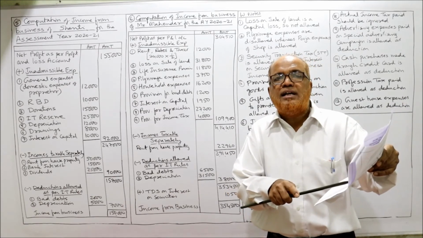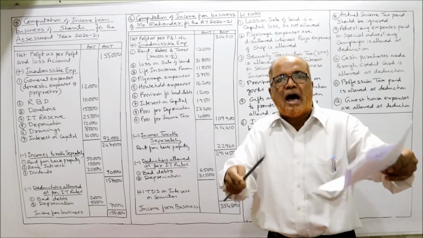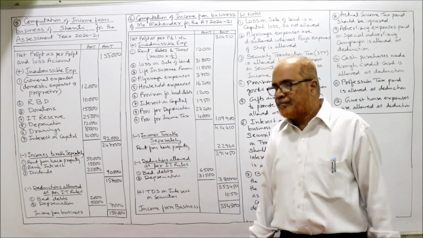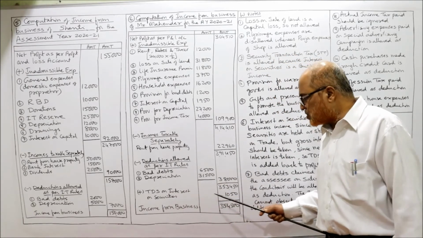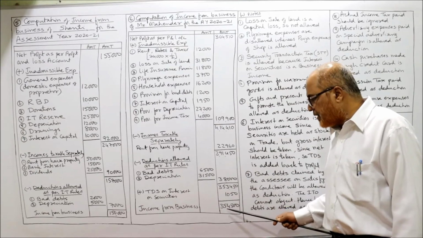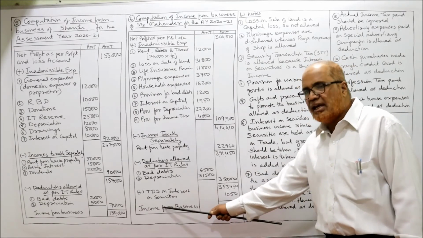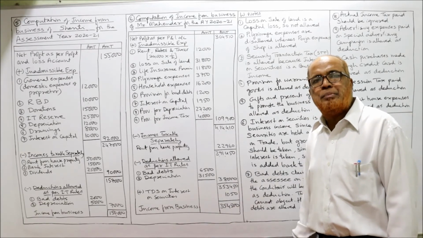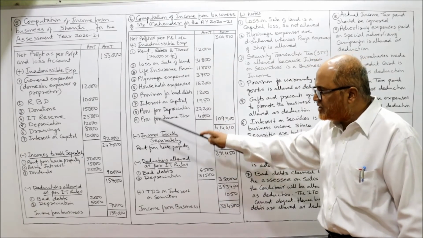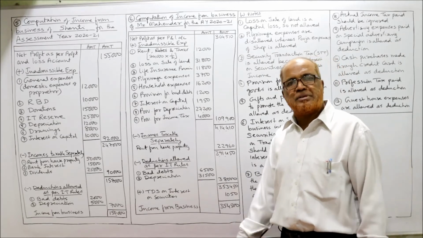So whatever TDS is there will be added back to the profit. TDS on interest on security 1,050, add up, gives 3,54,500. This is the income from business. This is the complete computation of income from business.